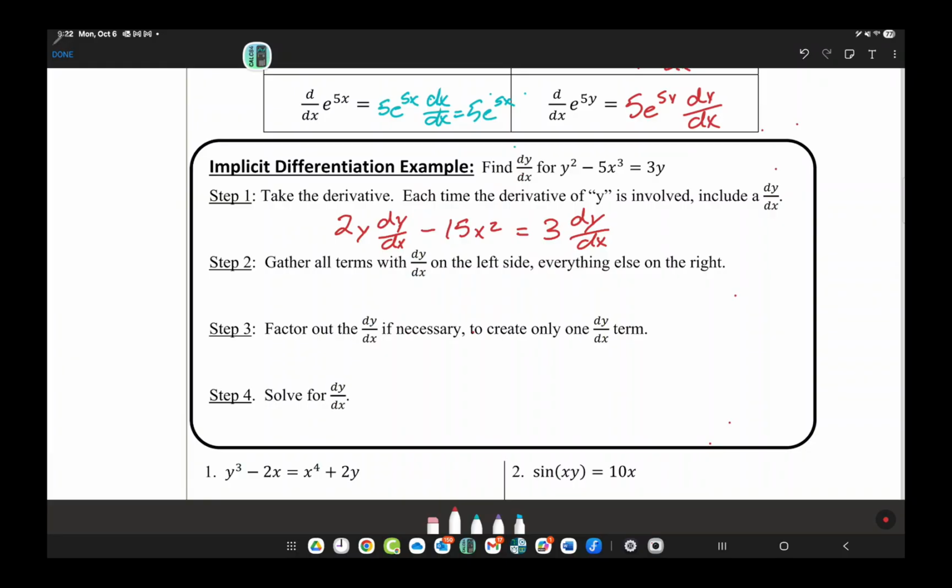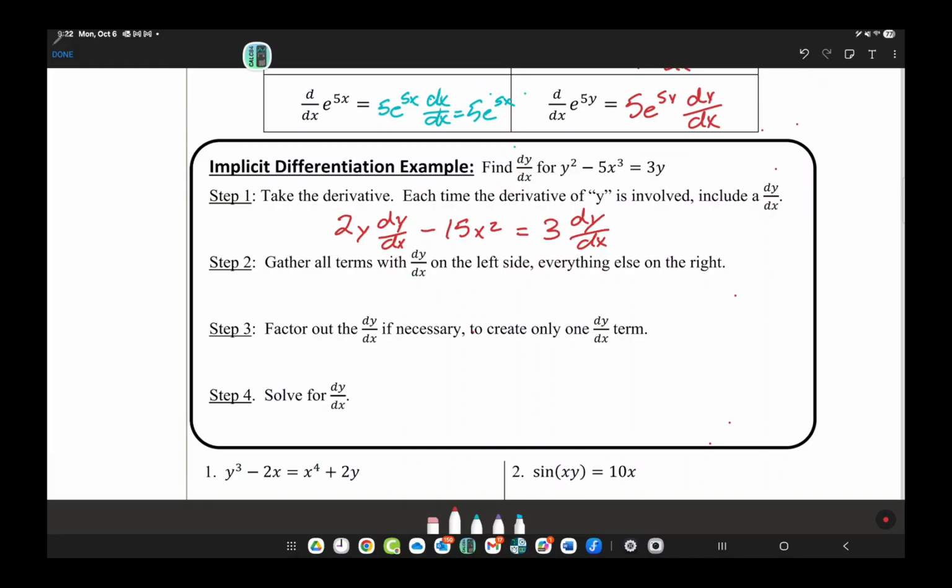So we have our function y squared minus 5x cubed equals 3y. We took the derivative. Every time we have a y, we take the derivative of y and include dy dx.